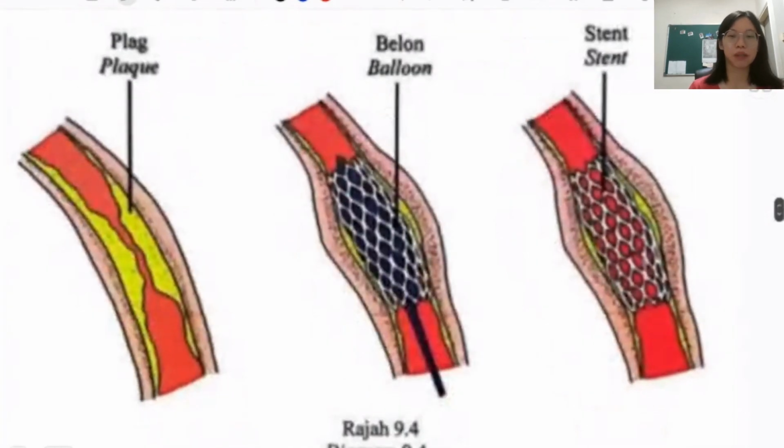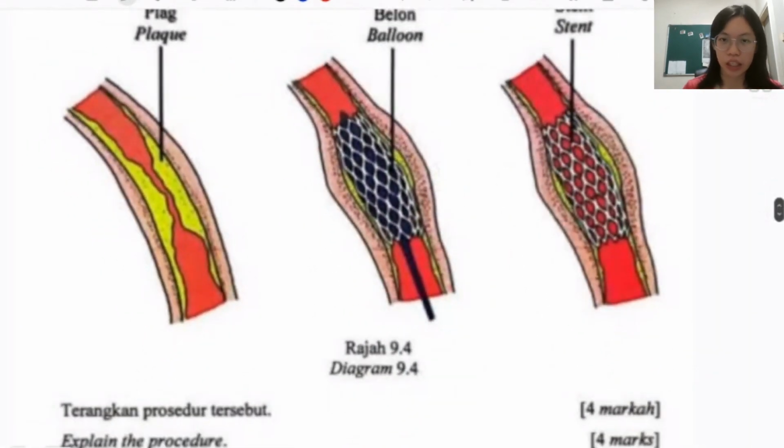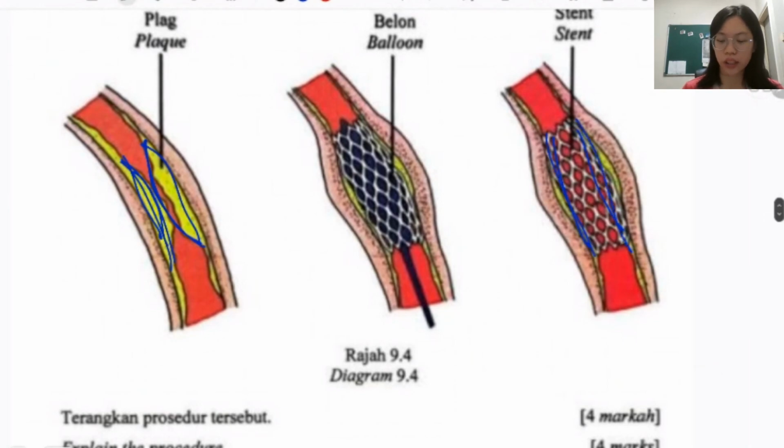How do they use it? I mean, this picture maybe can't be seen that properly. This plaque will narrow the inner wall of the artery. So they need to put a wire right here, it's called a stent, okay, it's not a wire, but as a layman's term, a wire to support it, so that the diameter of the lumen is back to the same and won't be narrow anymore.